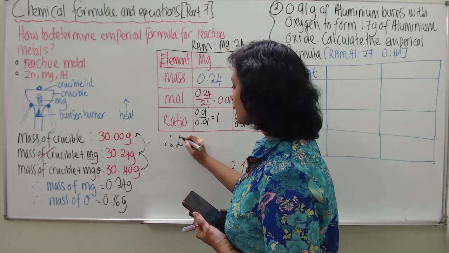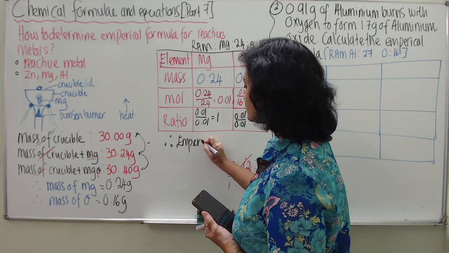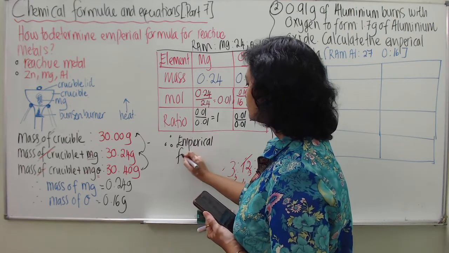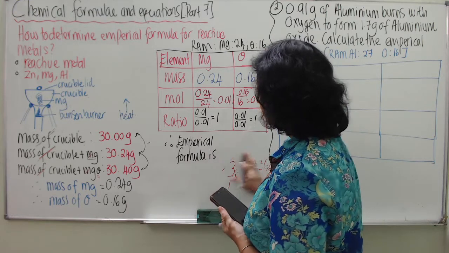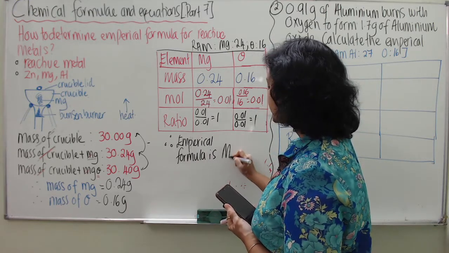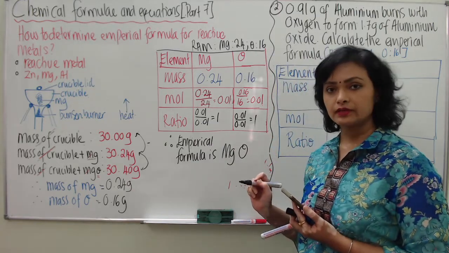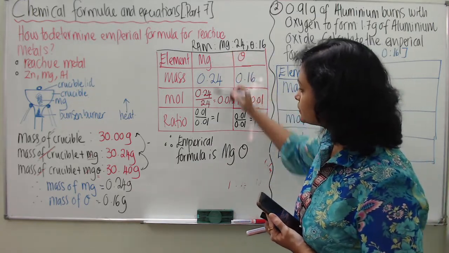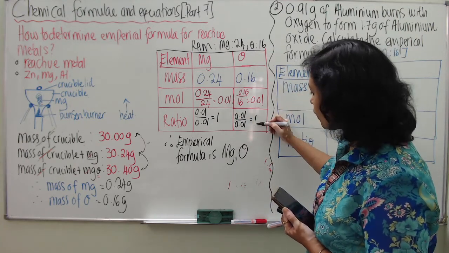Thus, the empirical formula is magnesium oxide. Now, can you see how I have related? Ratio magnesium 1, oxygen 1.